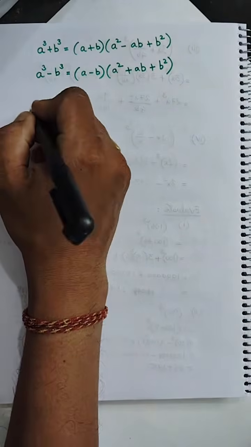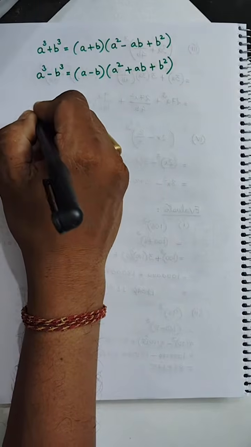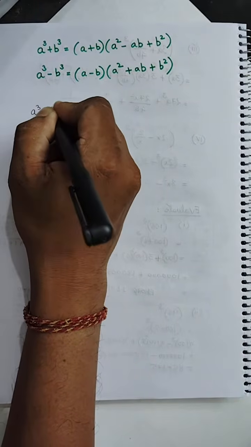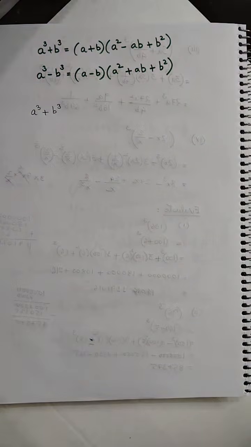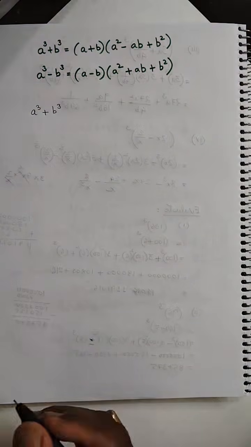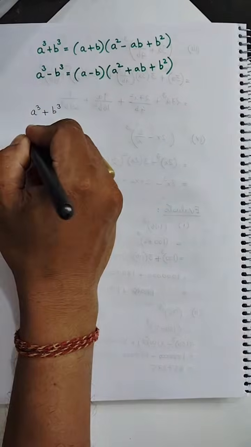So let's do it for a cube plus b cube. We'll start with a cube plus b cube.